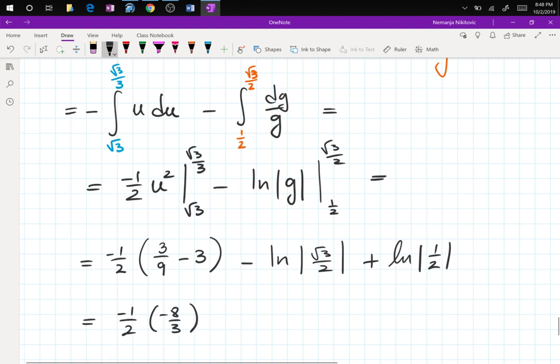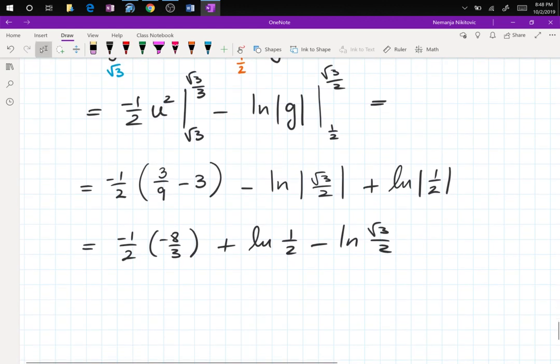And over here, I'm going to write this as plus ln of 1/2 minus ln of root 3 over 2. So now when I multiply, these guys cancel. I get 4/3. Right? When you cancel 8 and 2, you get a 4 over 3, positive.